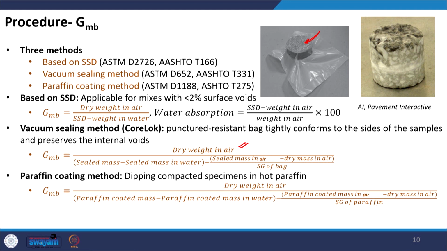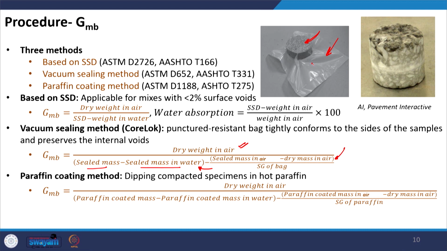Then in the denominator, the sealed mass minus the sealed mass in water gives me a buoyant force corresponding to the volume of the compacted specimen and the polythene bag. But since I am interested only in the bulk volume, I have to deduct the volume of the polythene bag from this value.